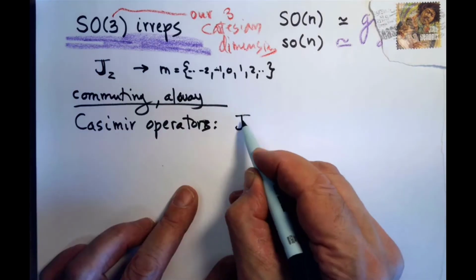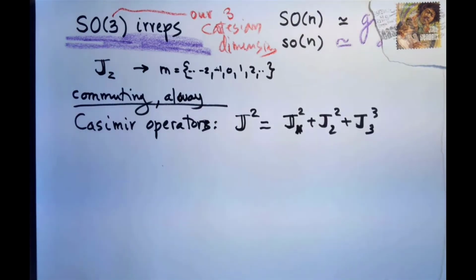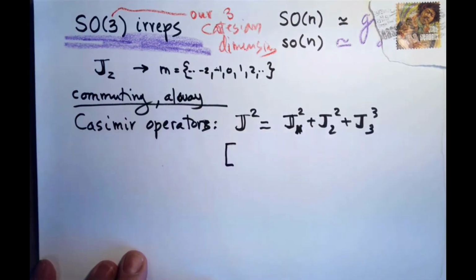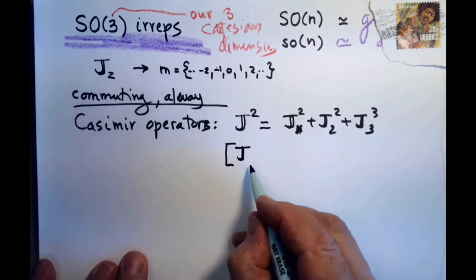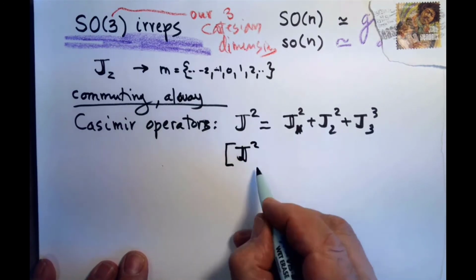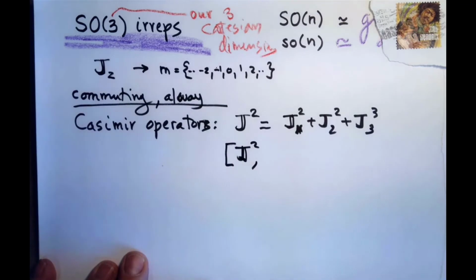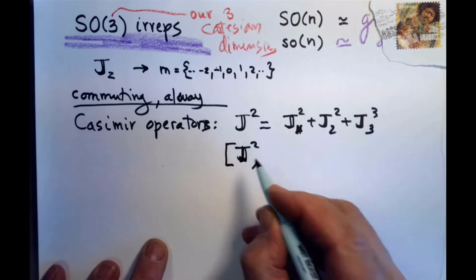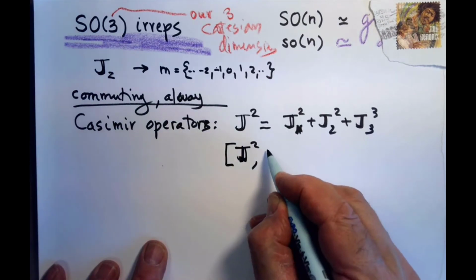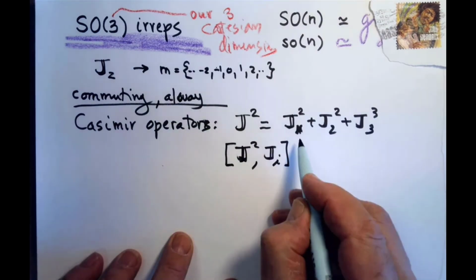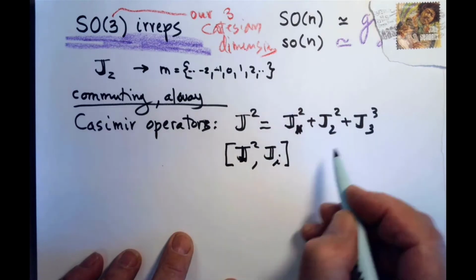Then one defines this object, and it commutes. Why does it commute? If I take J squared, this operator, which is, remember, just a matrix squared, we're not afraid, and it's a sum of 3 matrices. We know how to compute it in any given representation. I have to compute commutators with these 3 terms.